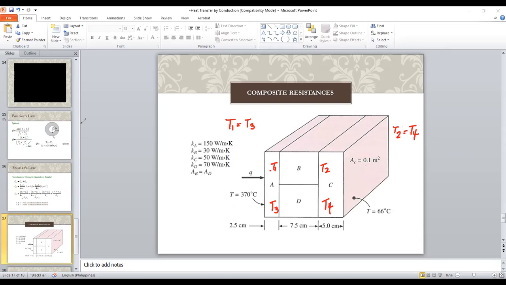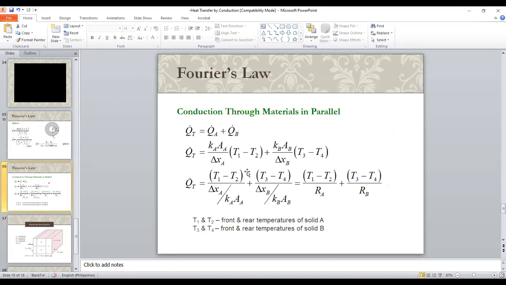But nonetheless, when we speak of difference in temperatures, this is how they are labeled when you write them in the form of a formula. So in the formula that you are seeing here, it's really written as T1 minus T2 and T3 minus T4, but T1 and T3 are equal, and T2 and T4 are equal if these two materials are in parallel.